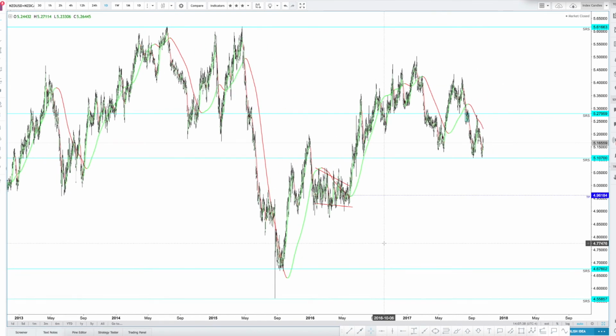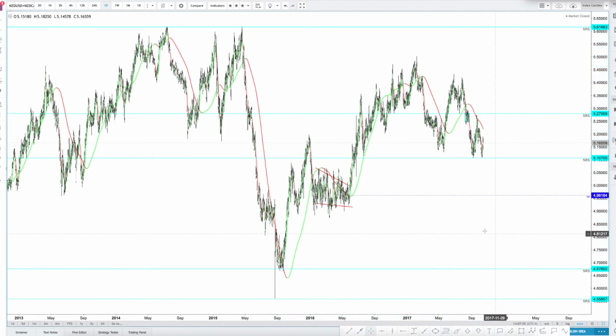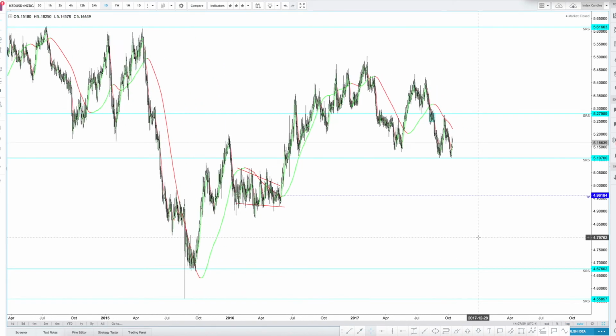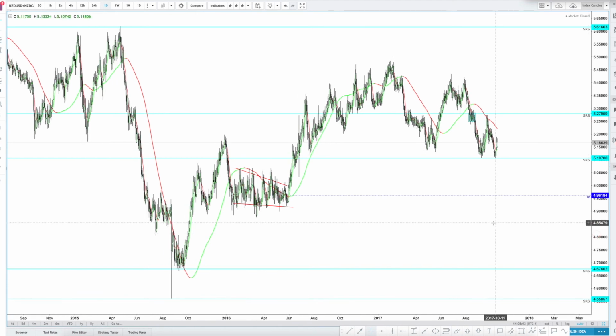And right now we're in the middle of this range. If you throw in some kind of Fibonacci thing on it, we are right at 50%, which is not very useful. You don't really want to trade in the middle of the range because it can go either way.